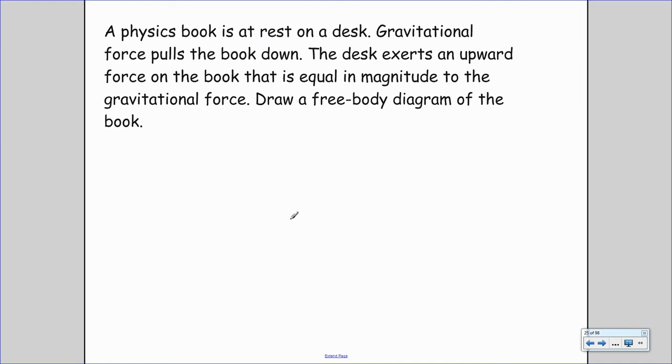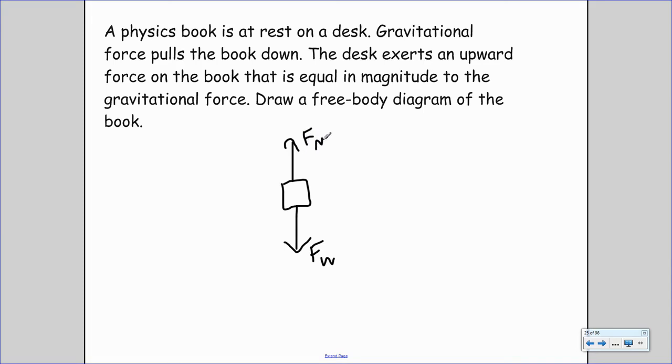Finally, we've got a physics book at rest on a desk. The box represents my book. I have a gravitational force pulling it down, force gravity, or the weight of the object, FW. And I have a supportive force from the desk, that'd be force normal.